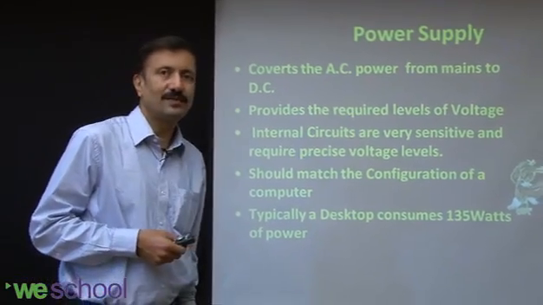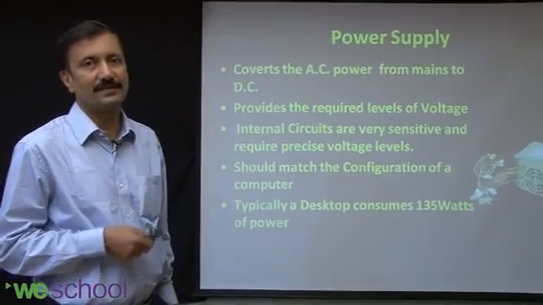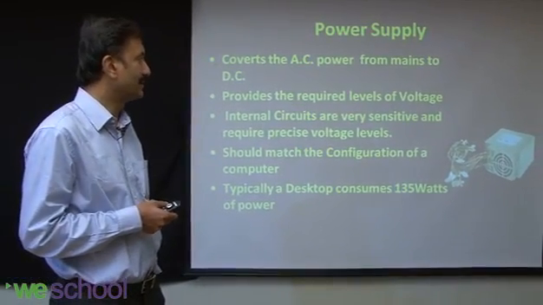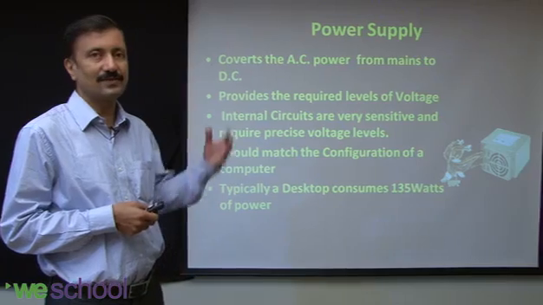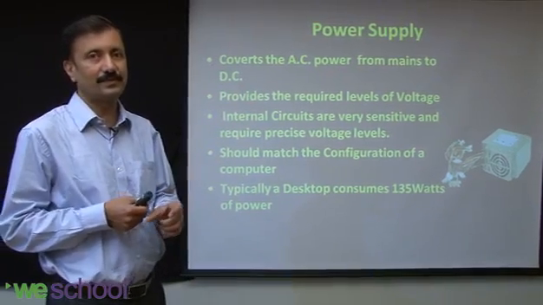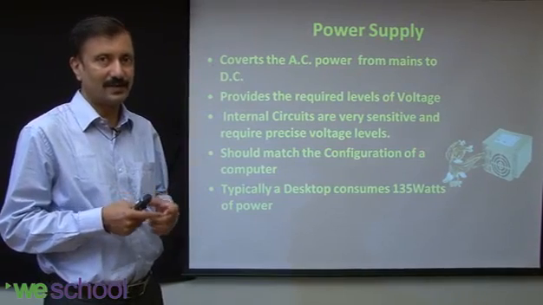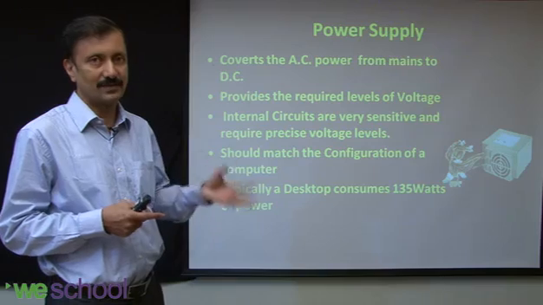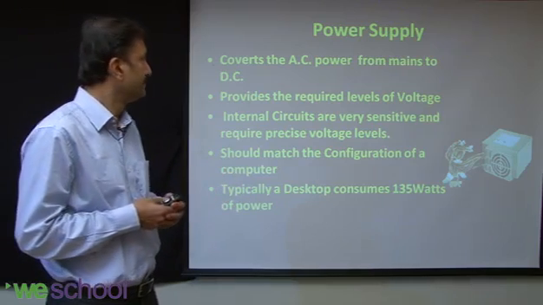One important component of a computer, which makes it of course run, is the power supply itself. And while there is of course your external AC power which comes, because a computer is an electronic device, it works on DC power, and therefore you need a converter, which is what the power supply does.